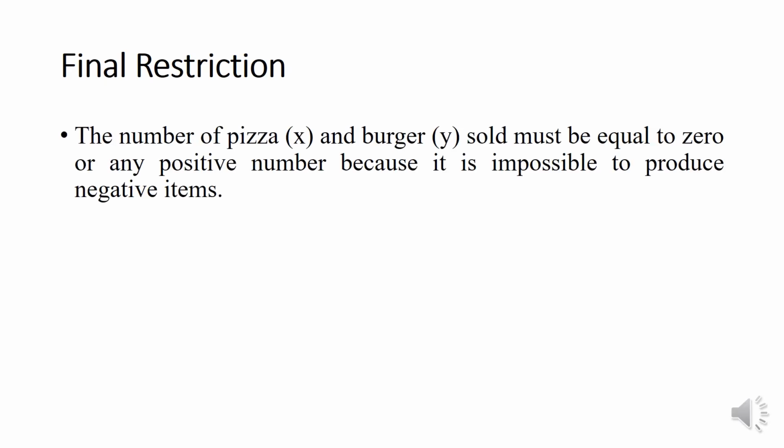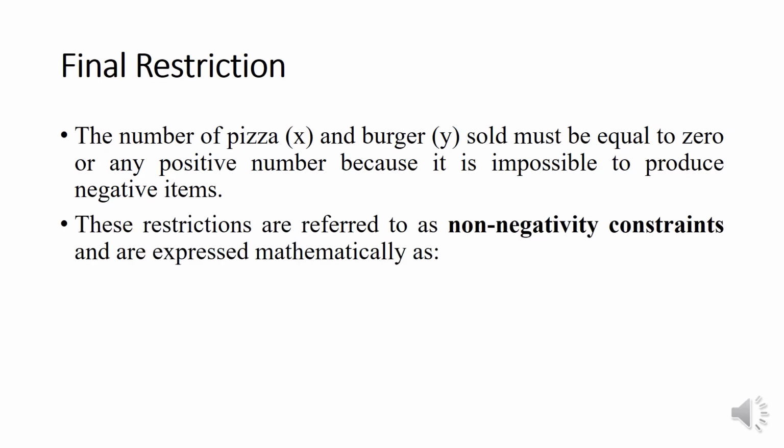Final restriction. The number of pizza, or the x, and the burger, or y, must be equal to 0 or any positive number, because it is impossible to produce negative items. These restrictions are referred to as non-negativity constraints and expressed mathematically as x must be greater than or equal to 0, and y must be equal or greater than 0.